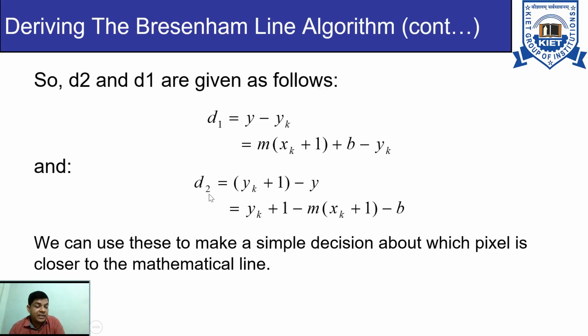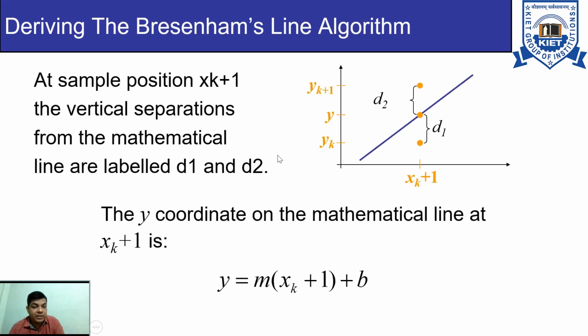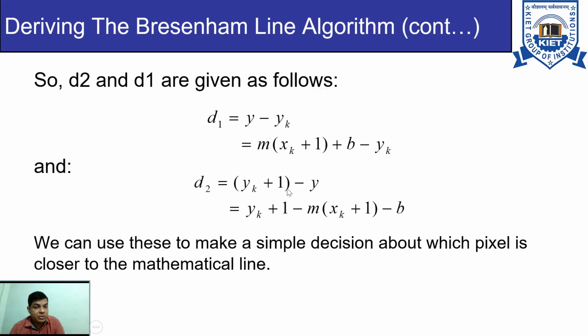And the distance d2 is between yk plus 1 and y. Again, from the previous formula, we are substituting the value of y as m times (xk plus 1) plus b, with x as xk plus 1 here also.